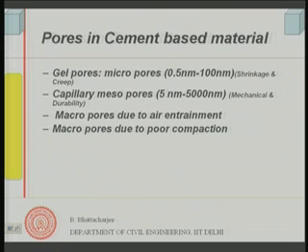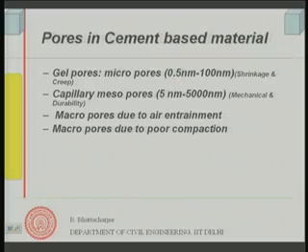Air entrainment is well distributed throughout the structure. Compaction pores, which could be because of honeycombing or bad compaction, can be of large size, and they are the other kind of pores present in concrete, and all these major ones, meso and macro, dictate the strength. But from a fundamental point of view, we are trying to look into the mesopores in paste.